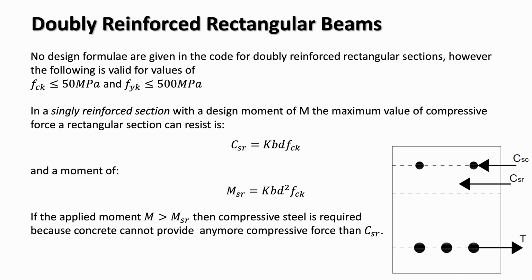However, once the applied moment exceeds M_SR, the concrete cannot provide any additional compression beyond C_SR. At that point, extra compressive force must be carried by reinforcement in the compression zone. That is the essence of a doubly reinforced section. The compression steel provides the additional force needed to balance the larger design moment.